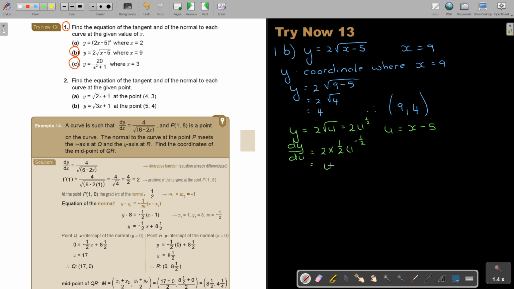And that will be 1. So it's 1 over, and now I take it back to the root. And if I differentiate here, du over dx, that will just be 1. And if I multiply it, I will say dy by dx. And now I substitute u back, so it's 1 over the square root of x minus 5.